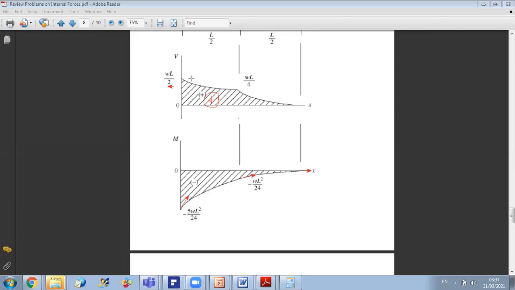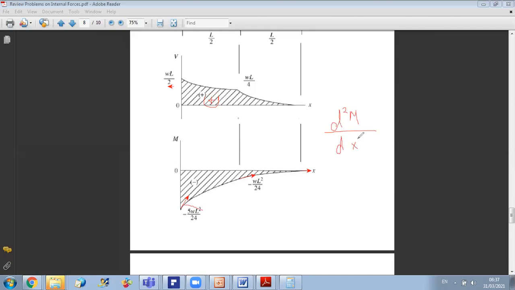So as you can see, the slope is decreasing. So I have here a downward concavity. I can also expect that I will have downward concavity. Why? Because from the course material, the second derivative of M with respect to x is w.